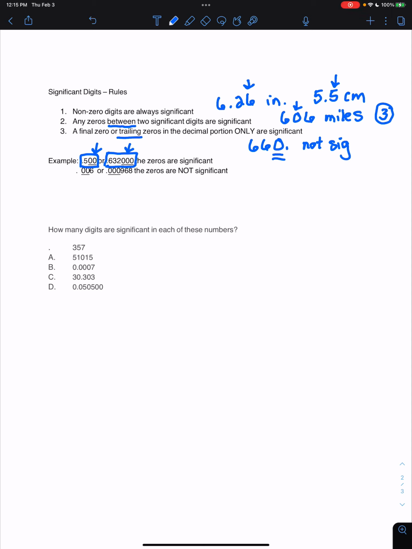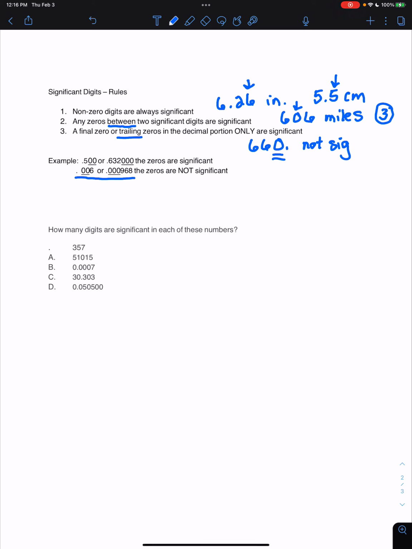Or here I can measure to the millionth place. Wow, that's very significant. That's very precise. So zeros that are on the end, or trailing zeros, if they are after the decimal point, then they are significant.